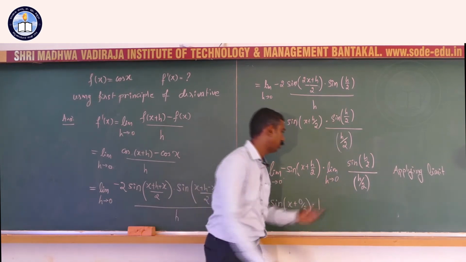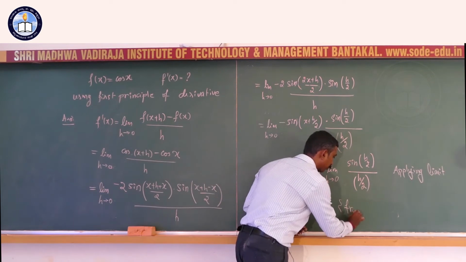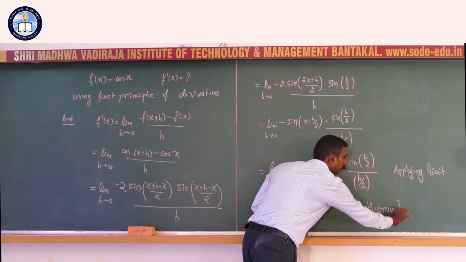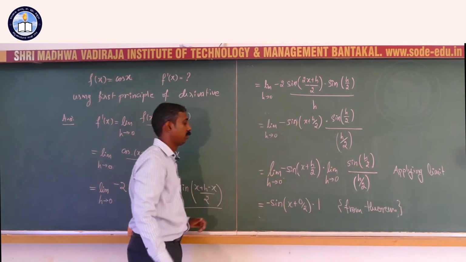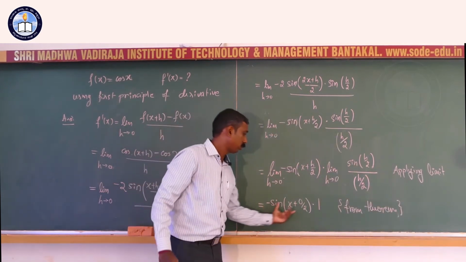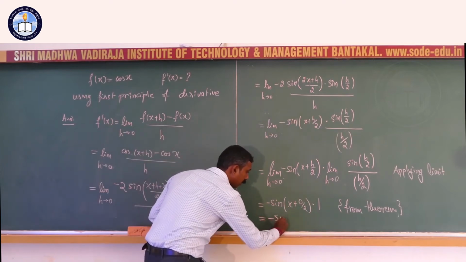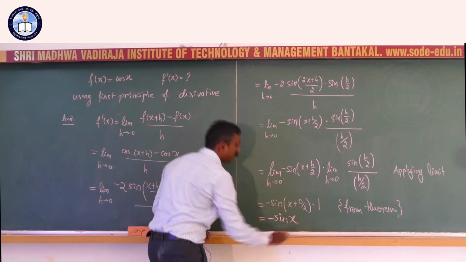From where does this 1 come? From the theorem. So x plus 0 is x. So the final answer will be minus sin x.